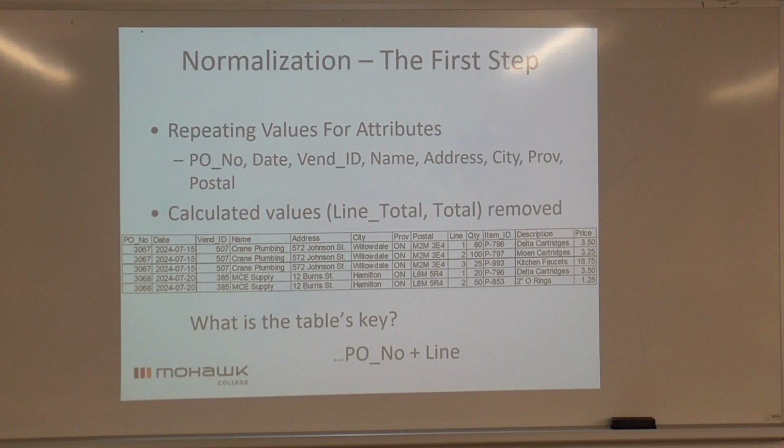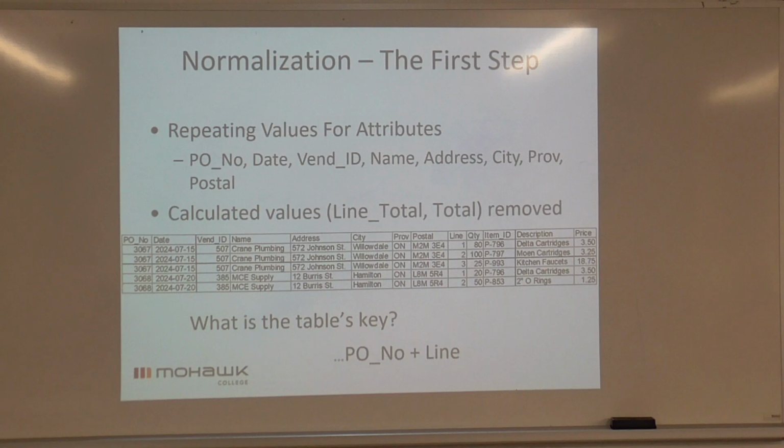If we hold purchase order constant, item ID varies. So I would say that item ID is dependent on the line number. Does that make logical sense to everyone? Okay. So, that's line number.